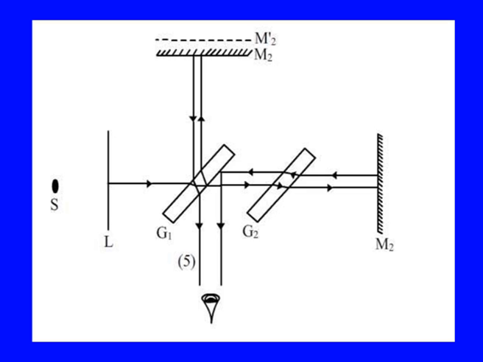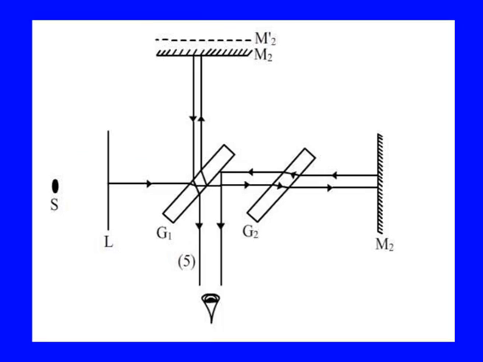Now, you see the light which is coming is partially reflected at the back surface, half of it going towards the mirror M2 straight and half of it going to the other mirror, and then reflected from there.